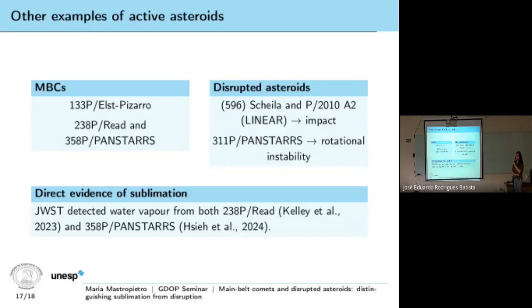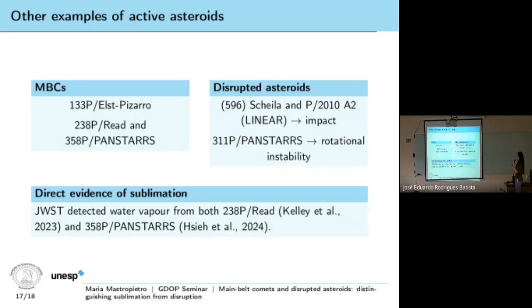So this was the first direct evidence of water ice in main belt comets. Usually, we do not have spectra for these objects, and so the evidence of sublimation is only visible if we monitor the object for different years and see its activity over time, especially near perihelion.